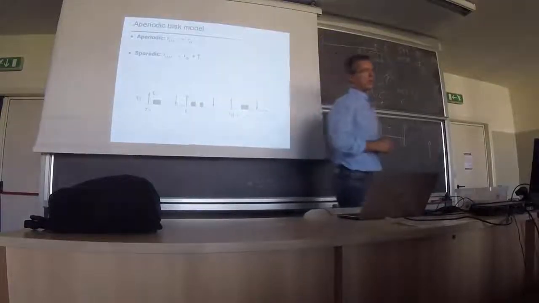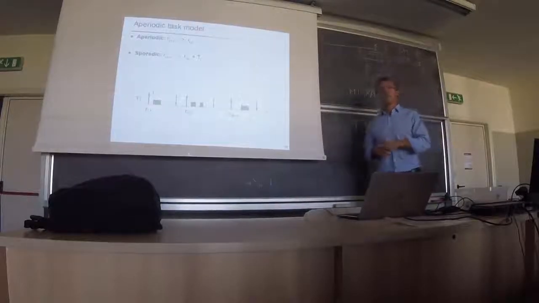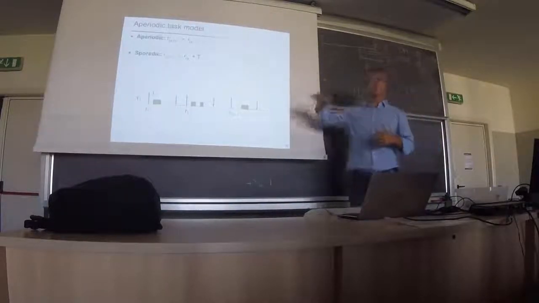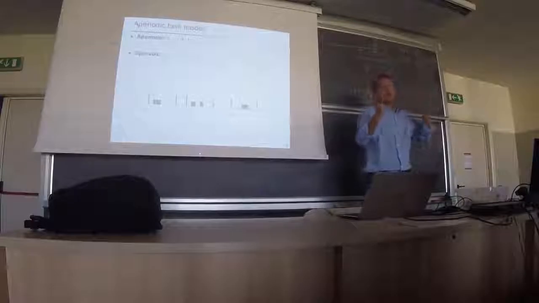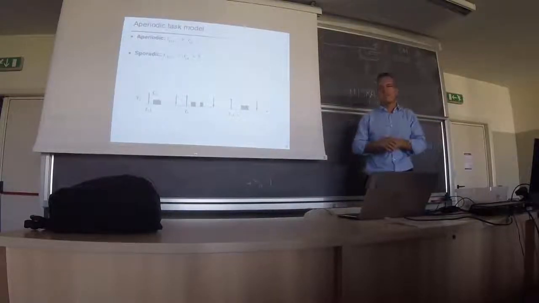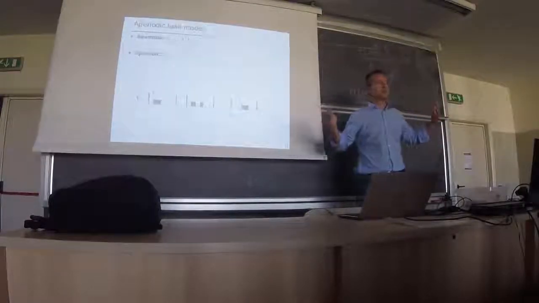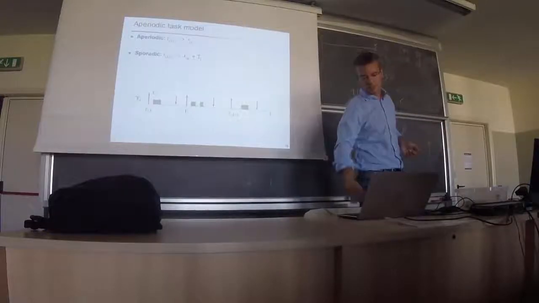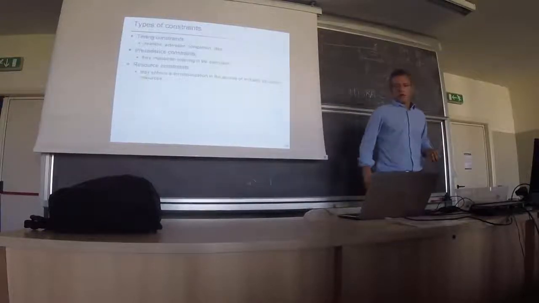Actually, this sporadic model is very much used, because it can reduce to the periodic, essentially when it activates always at the minimum interval time, but it can generalize also to aperiodic activities.